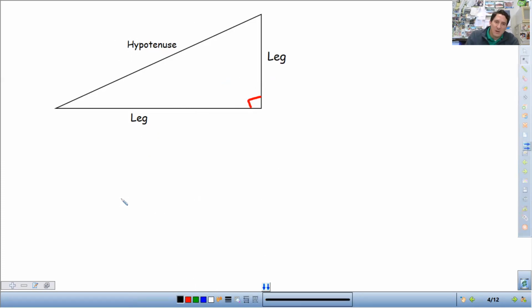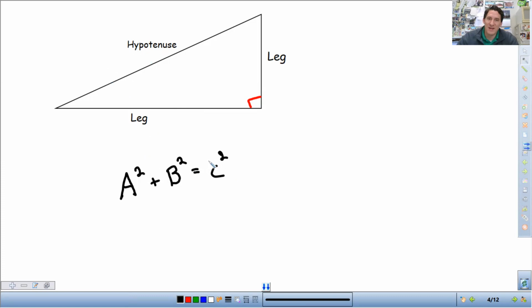All right, so as we saw in the first slide, the Pythagorean theorem is a squared plus b squared is equal to c squared. With this, you want to label the side lengths. So A, B, and C are the side lengths of the right triangle.